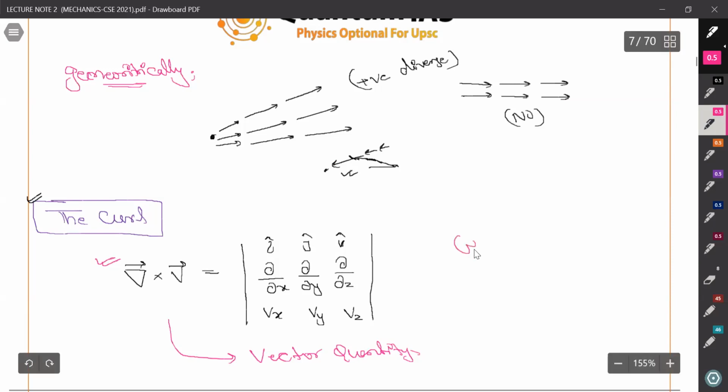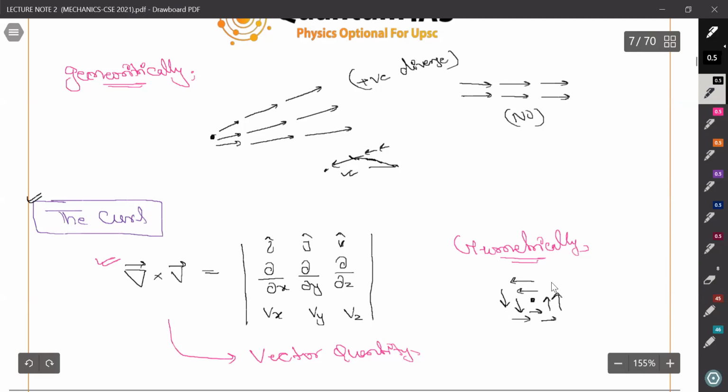And if you want to find out what it geometrically means, it means, towards a point, what is the curl? See this, like a cyclone. If we have a cyclone, it has a very great curl.